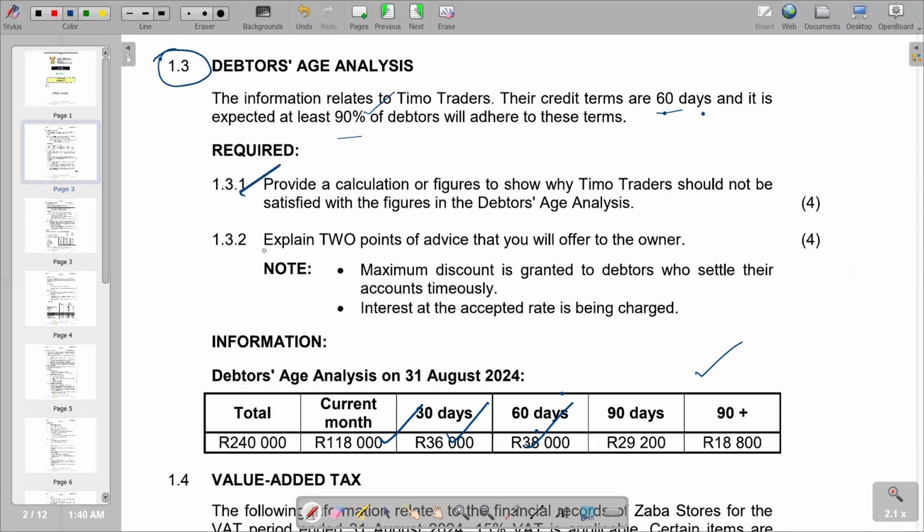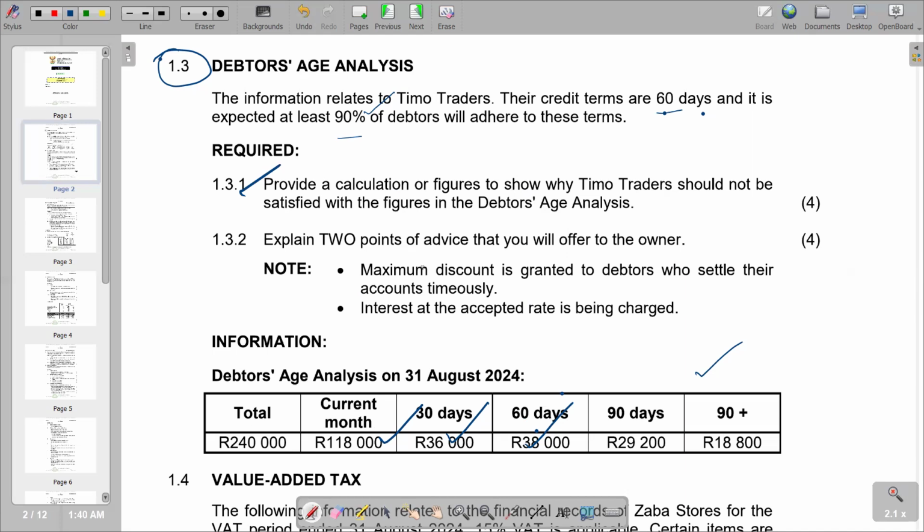Then we go to the second part, which is saying, explain 2 points of advice that you offer to the owner. Note that a maximum discount is granted to debtors who settle their accounts timeously, and also interest at the accepted rate is being charged.